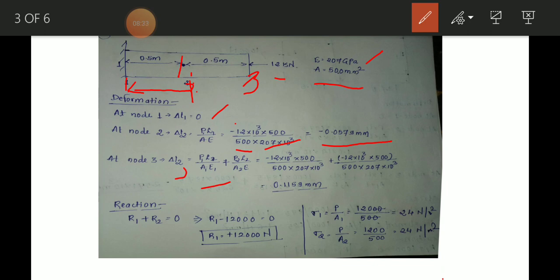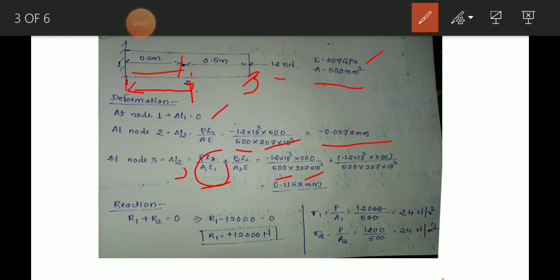P1 L1 A1 E1 are the quantities for the first element 1 to 2. P1 is minus 12 into 10 raised to 3, L1 is 500, A is 500, and E is 207.